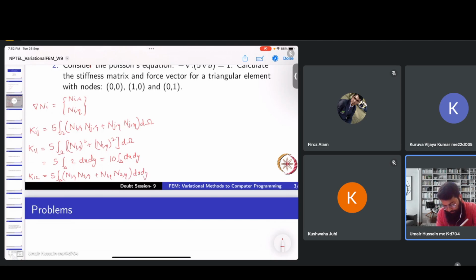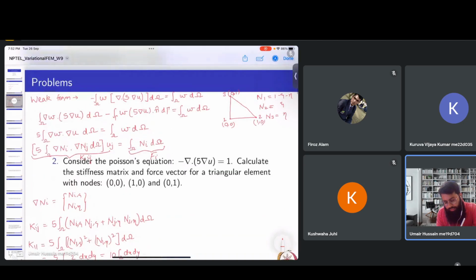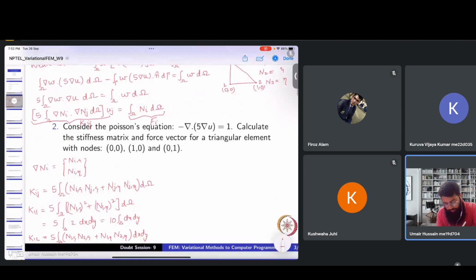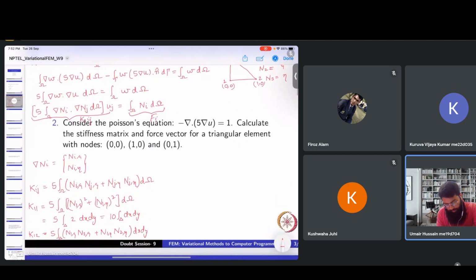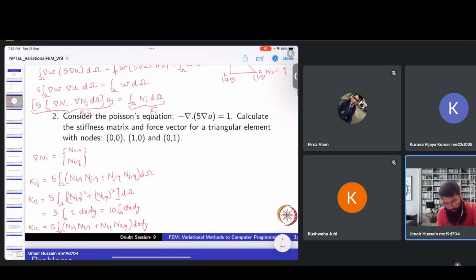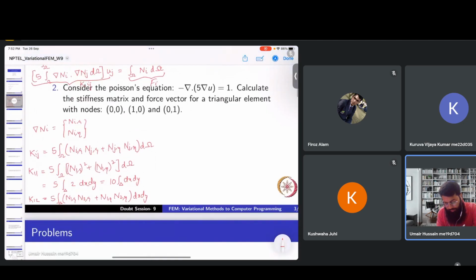N1 comma xi is minus 1 and N2 comma xi is plus 1, so we have minus 1. N1 comma eta is minus 1 and N2 comma eta is 0, so the second term becomes 0.